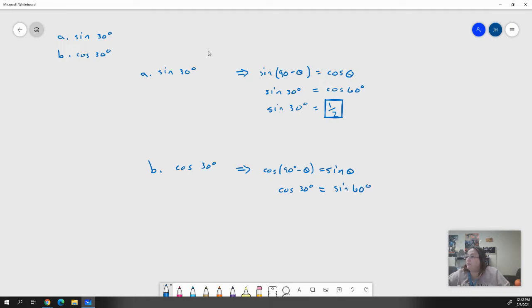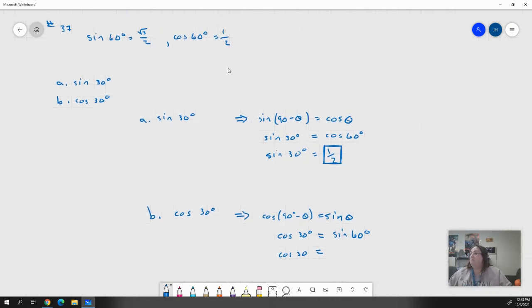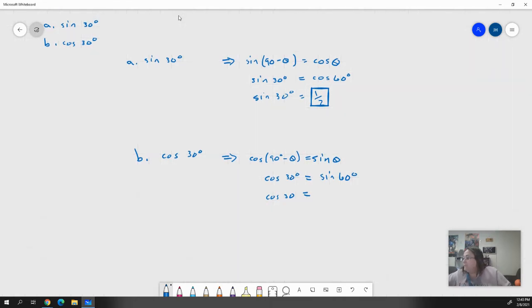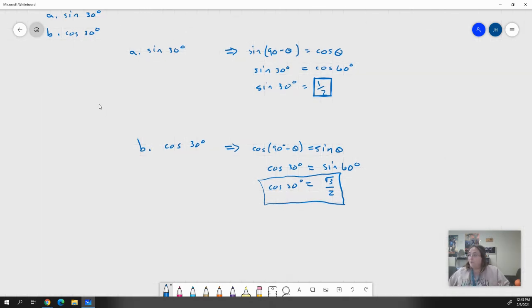If I plug 30 in here, again, I'm left with 60, and so our theta becomes 60. We know what the sine of 60 is because it's given to us in the beginning of the problem. The sine of 60 is radical 3 over 2. So the cosine of 30 degrees equals radical 3 over 2. So that's how we handle number 37.